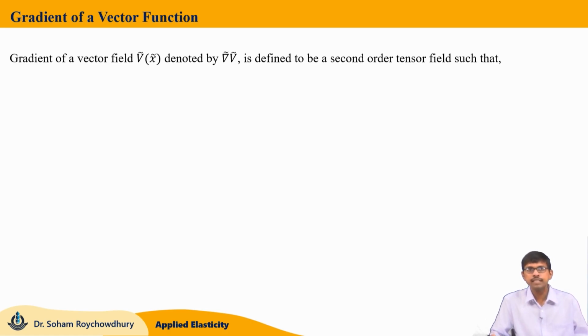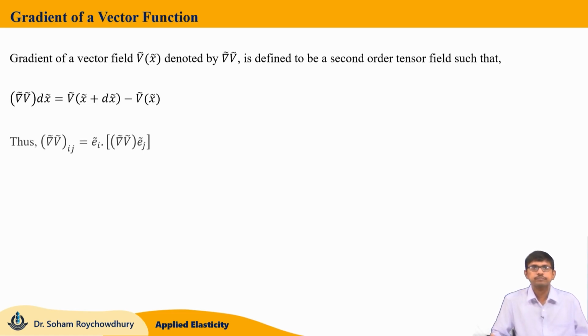Now, if we are considering any vector field V, which is a function of position vector x, its gradient grad V is defined through this particular transformation. Grad V, a second order tensor, acting over dx is equal to that vector field V evaluated at x plus dx minus vector field V evaluated at x.